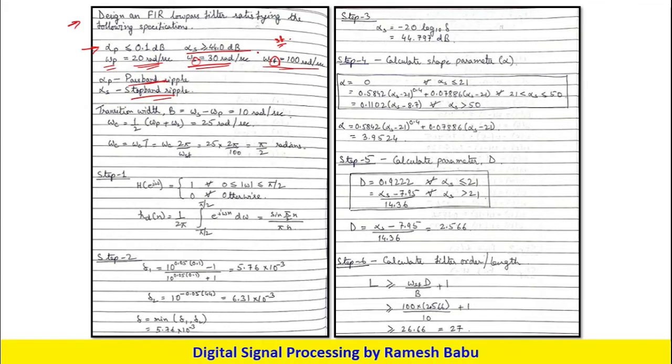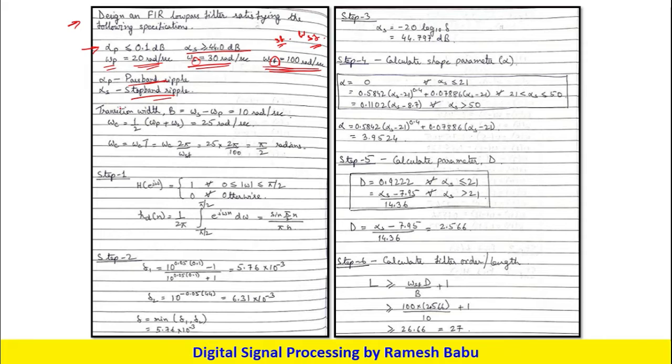Otherwise, usually you have seen that we use omega for the sampling frequency, right? So here, to distinguish it from the stopband frequency, we have given omega SF for the sampling frequency, and the sampling frequency is 100 radians per second.